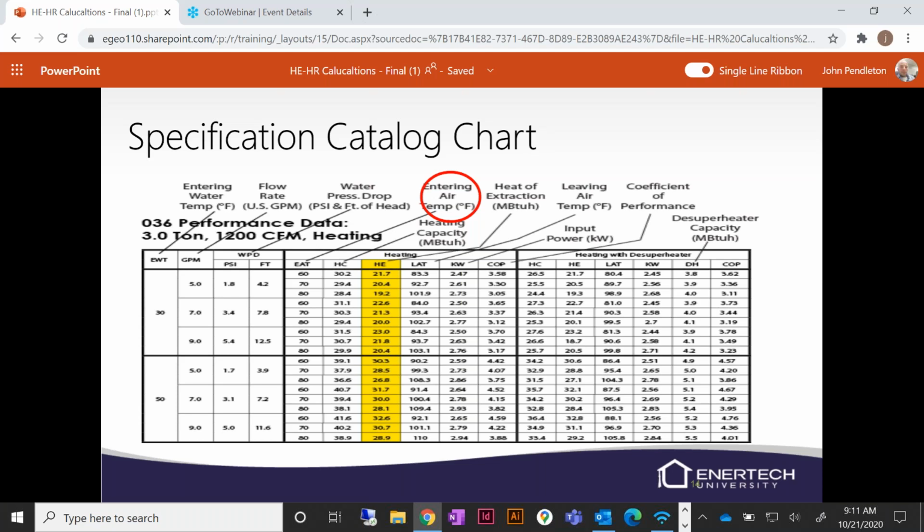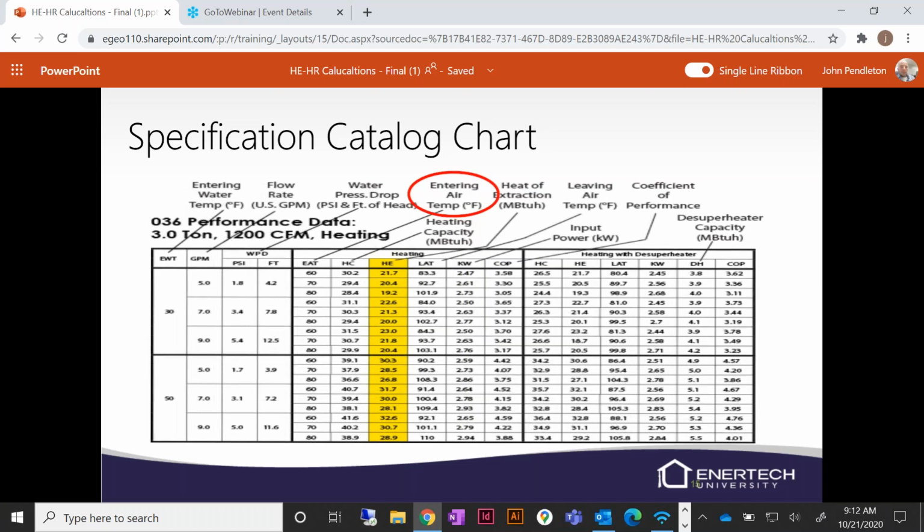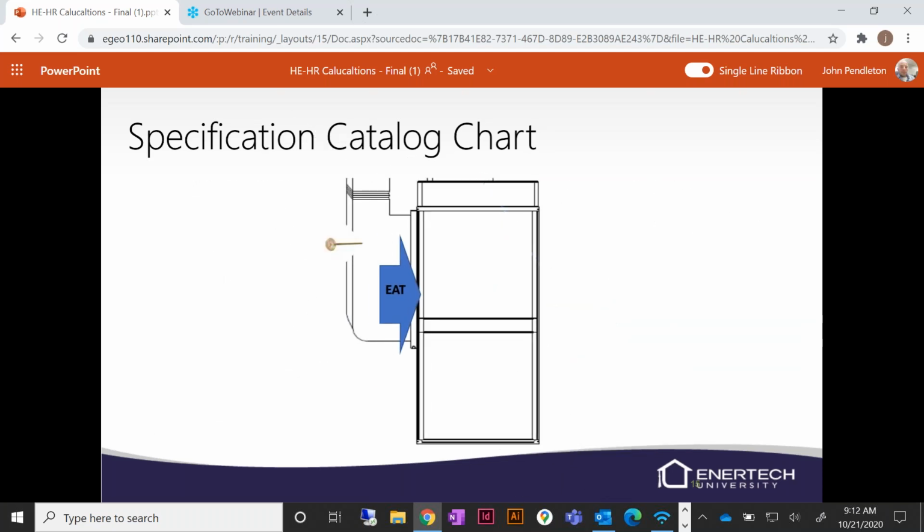And then also, we usually have 60, 70, and 80 degree return air temperatures. If you're outside of those numbers, we do have a correction factor chart in the manual that you can use if your return temperatures are outside of these ranges. But again, entering air is just that. It's the entering air on the return side is what we're looking at.